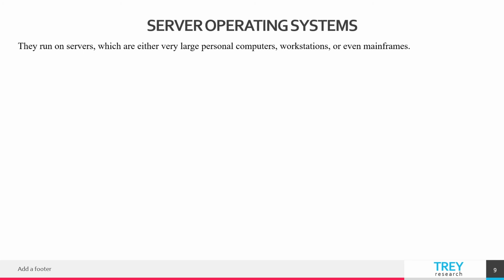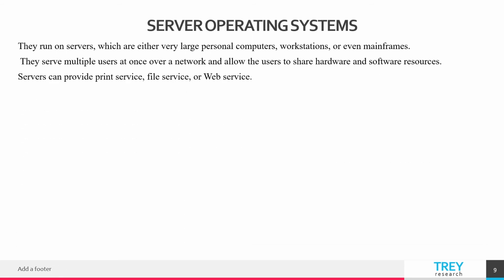I'm sure you can remember something on the different types of computers, where you find the personal computers, mainframe computers, supercomputers, and so they serve multiple users at once over a network and allow the users to share hardware and software resources. So servers can provide print service, file service, or web services.